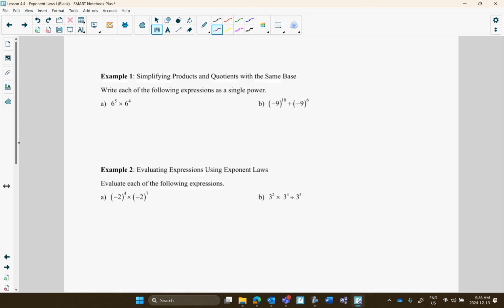All you're asked to do is write this using one power and one exponent. 6 of them, because we add the exponents. You're asked to divide these two. Yes, base stays exactly the same. Keep the parentheses. -9 to the 4.